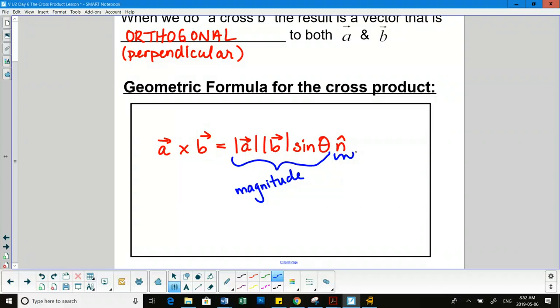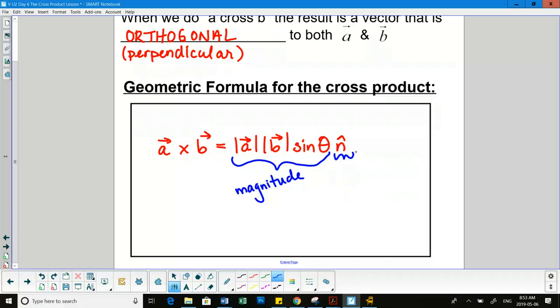The direction is perpendicular to both A and B. What we usually need to state is whether our cross product goes out of whatever we're talking about, like a board or our paper, or inward. If I have my two vectors, I can have a normal that comes out this way, or a normal that comes out this way. It depends which way I cross them. There's a little trick I'm going to show you.